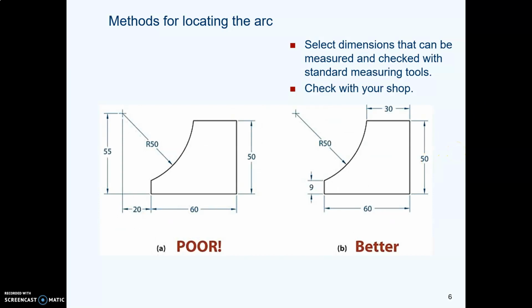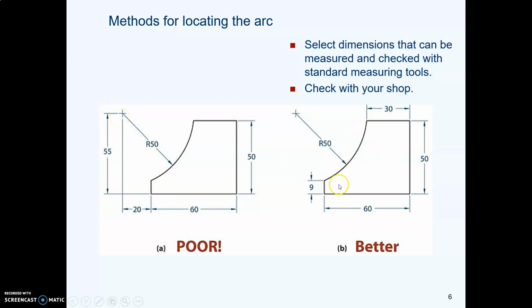Now, one thing to think about when you're dimensioning is, am I giving them a dimension that's floating out in space where they cannot hook a tape measure? And this example on the left, which is from a different drafting textbook, this author has labeled poor because it's floating out in space.